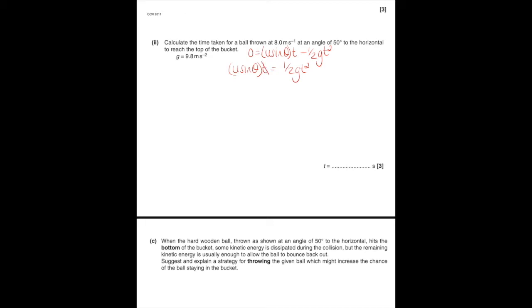So rearrange that, then we'll find that one of the t's on either side will cancel. So then we've got u sin theta equals half g t. All right, so we've got 2u sin theta equals g t. And when we work through all of that, you end up with t having a value of 1.25 seconds. So 1.25 seconds.